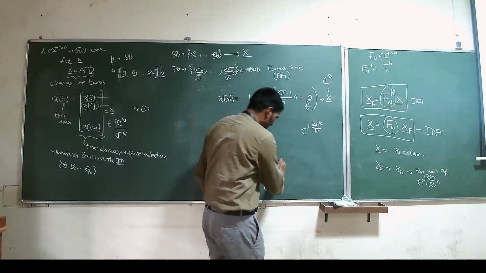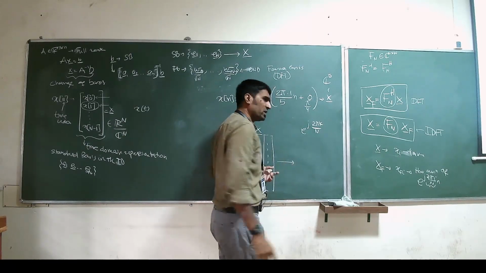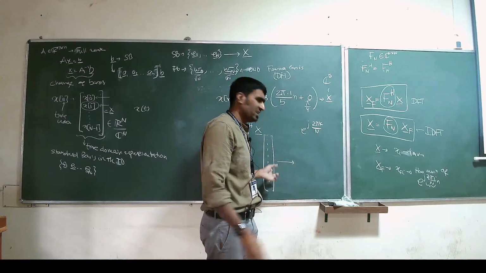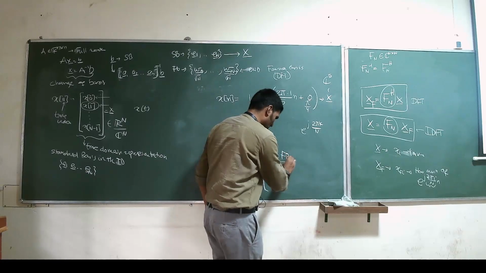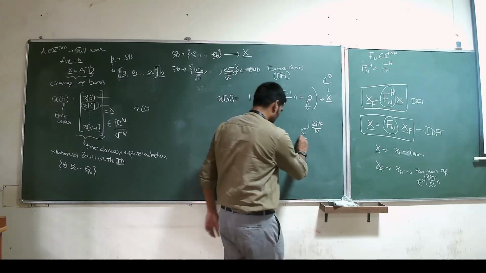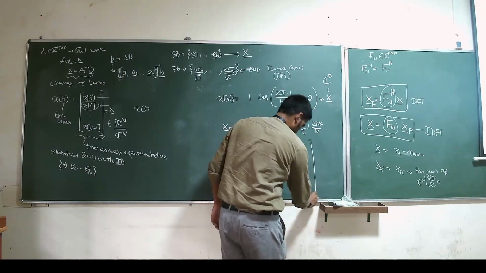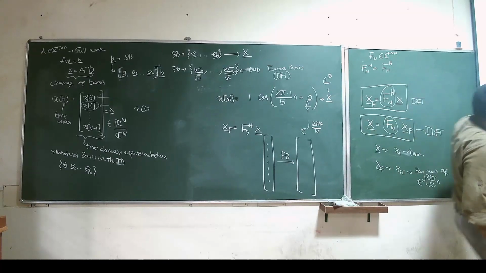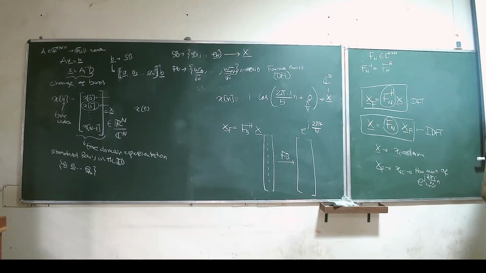Okay. Now, if you simply ask what does this look like in the Fourier basis, you do a change of basis to the Fourier basis. What you get is this. In the Fourier basis, I'm only showing the magnitude. The magnitude is all 0 except for this one location.